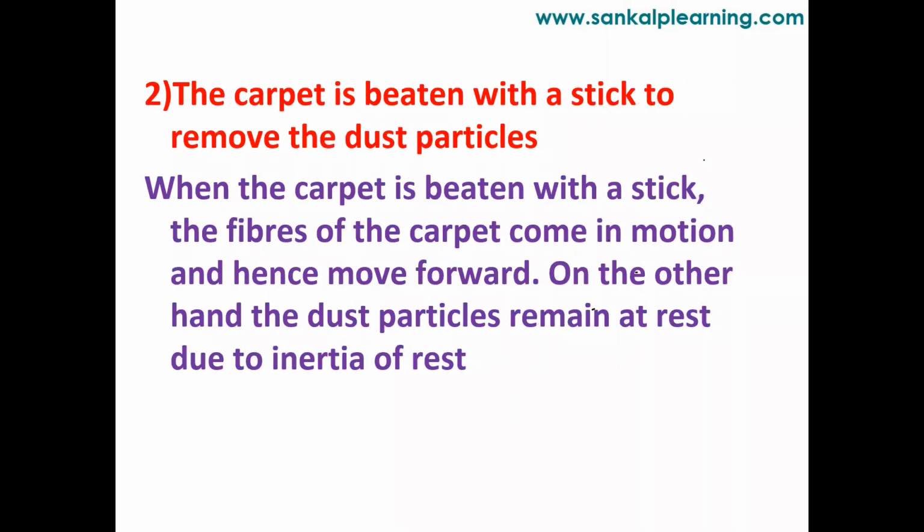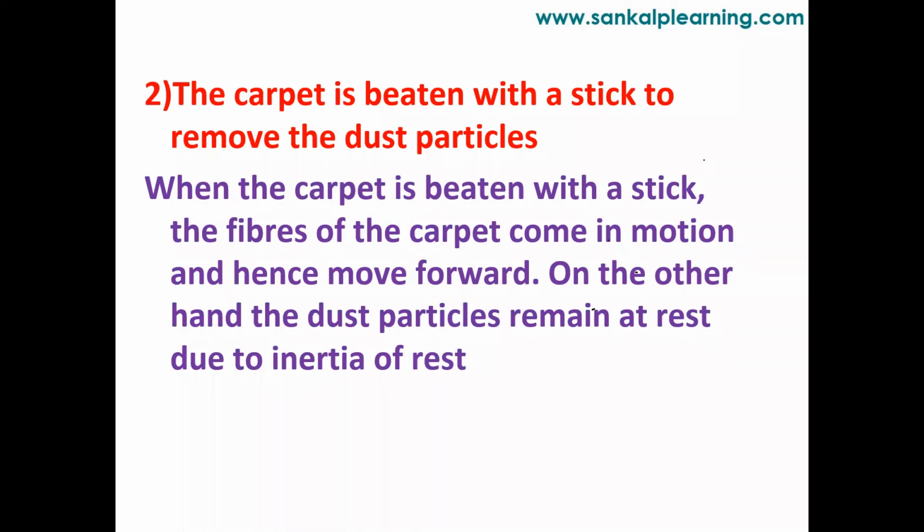If anybody wants, they can take a screenshot or copy this part. This is the second answer: when the carpet is beaten with a stick, the fibers of the carpet come in motion and hence move forward. On the other hand, the dust particles remain at rest due to inertia of rest. So this is for your second question.